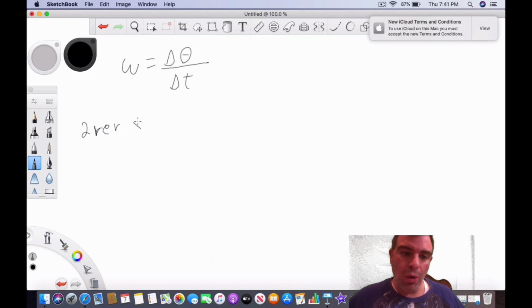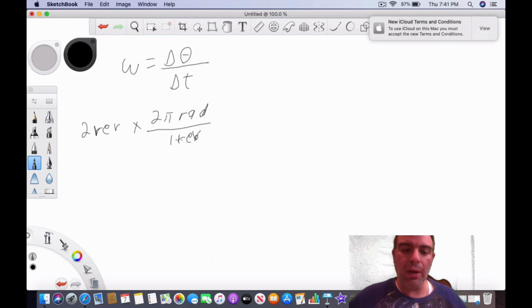We multiply by 2 pi rad, divided by 1 revolution. The revolutions drop out, so we're left with 2 times 2 pi rad. That is going to give us negative, because it's clockwise. So it's going to be negative 12.6 radians.